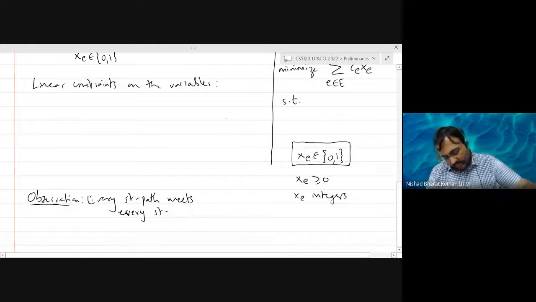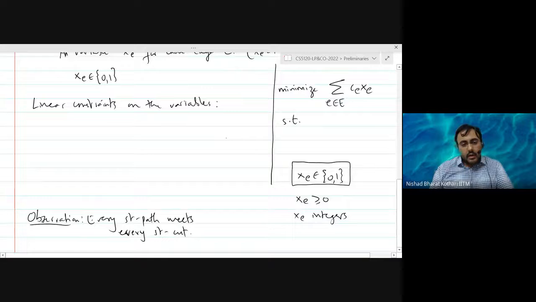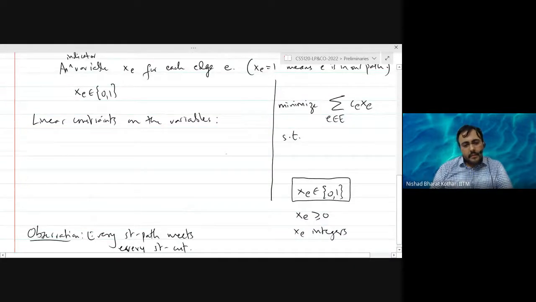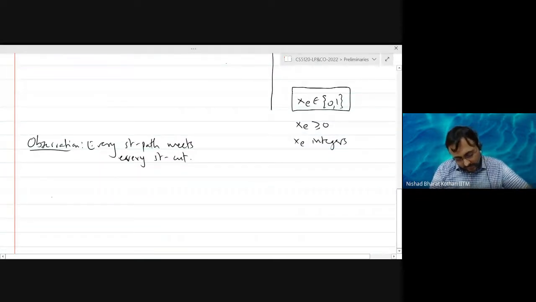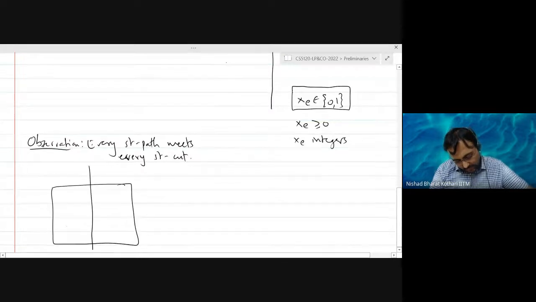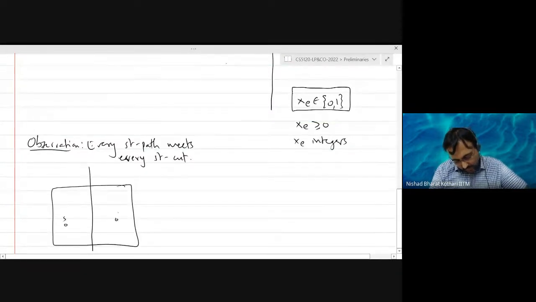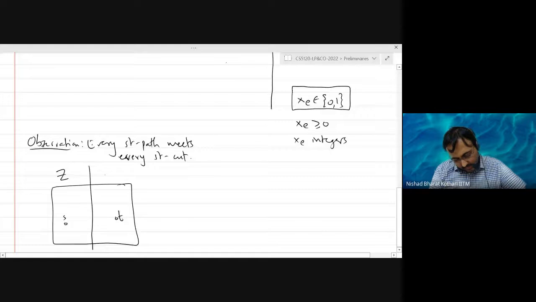Right? So what would this translate to? For every ST cut, we want to make sure that at least one of the edges is chosen in our ST path. Right? So which means if this is my ST cut, S is here, T is here, this is a set Z and this is a set Z bar.